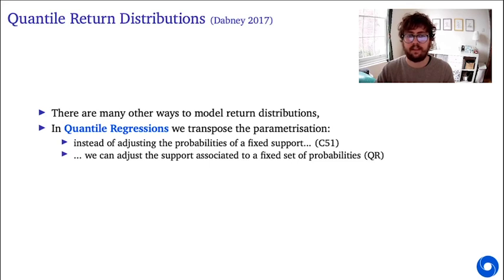This means that it is strictly more flexible, because the categorical approximation could be quite sensitive to the choice of the bounds of the fixed support. And then of course, there are more extensions that you could think of. You could maybe adjust both probabilities and the support. And there is a lot of ongoing research on this problem that I think is quite exciting and interesting.